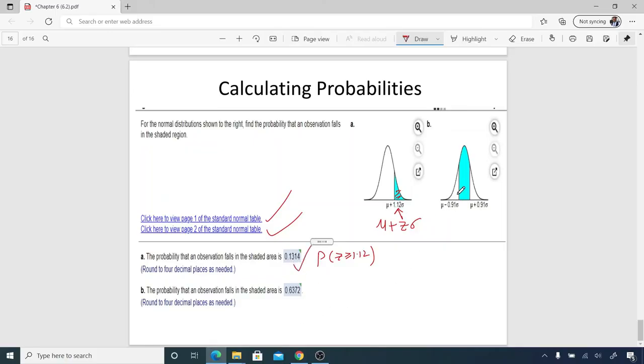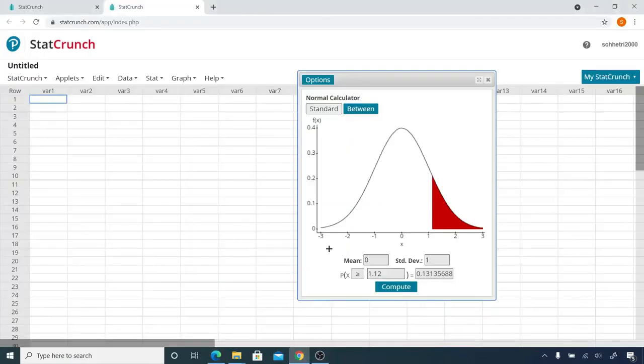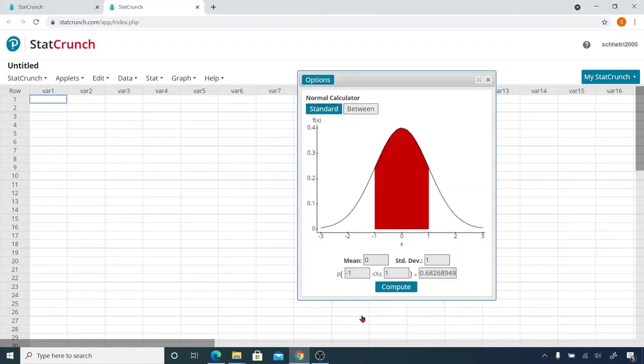Similarly, this case is a little bit different, but pretty interesting here. Now I'm talking about negative 0.91 and positive 0.91. So you want to find this. There are several ways. You can go here and choose Between. Previously I used Standard, now you go to Between.